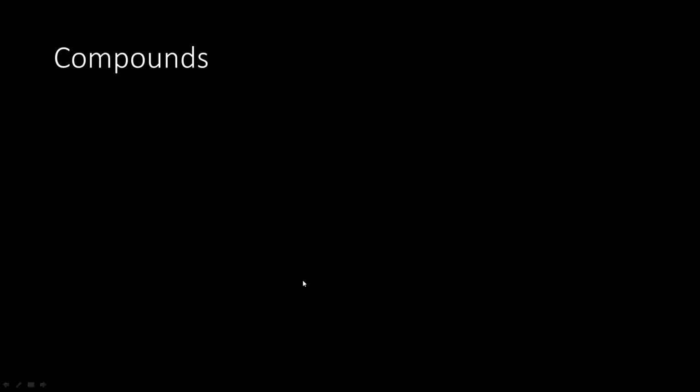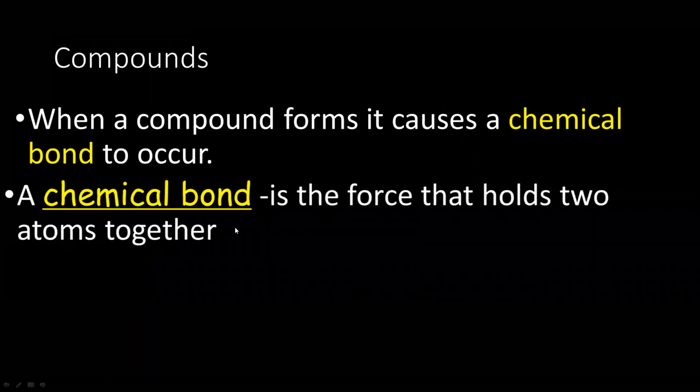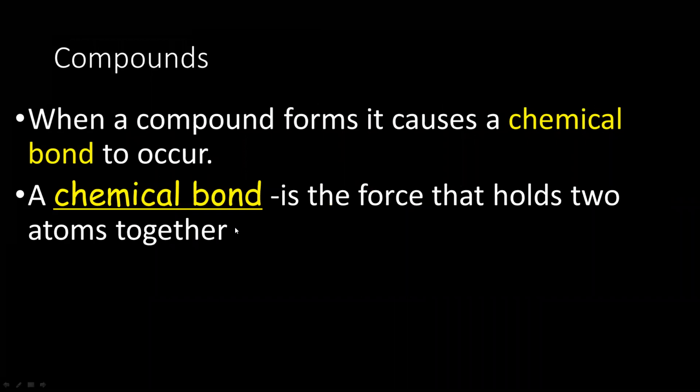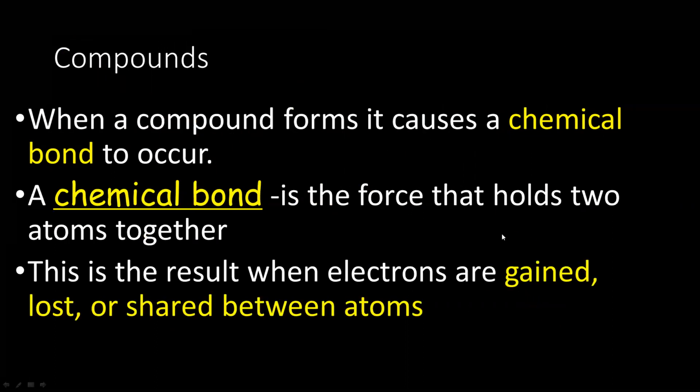Now, our compounds are a thing because of chemical bonds. The chemical bonds that we're talking about here, generically, it's the force that holds two atoms together. But when we're making ionic compounds, it is the result of gaining or losing electrons.